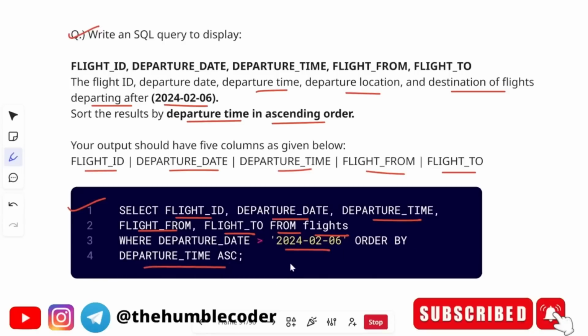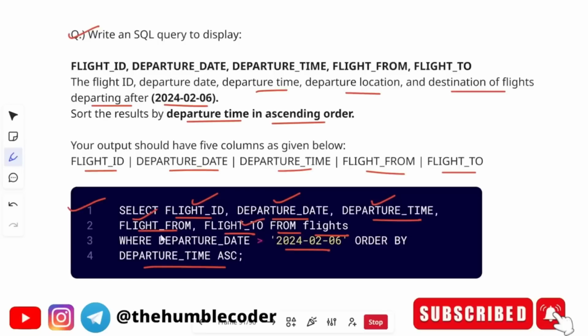Now let me tell you what these all things mean one by one. Okay, first of all, flight ID. Flight ID basically is displaying the unique flight identifier which is there in the table. Next is we have departure date. It is basically for showcasing the date of departure. Departure time is for displaying the flight's departure time. Next is we have flight from, which indicates the departure location. Flight to simply indicates the flight's destination.